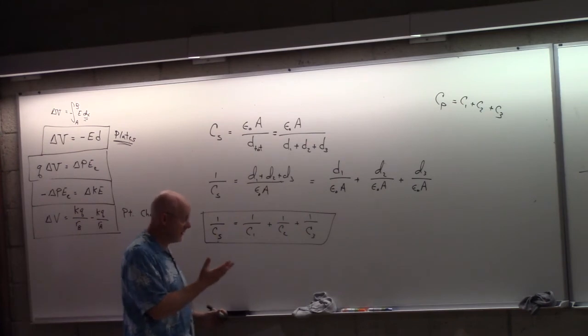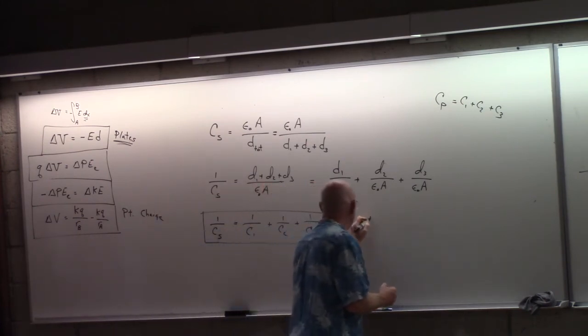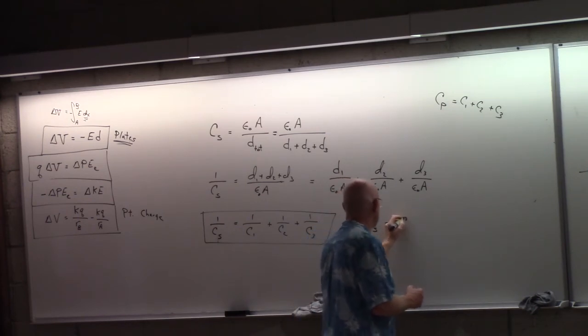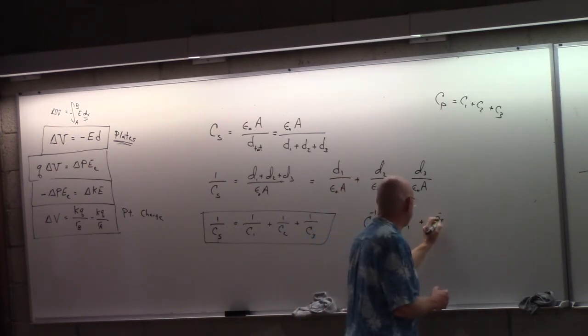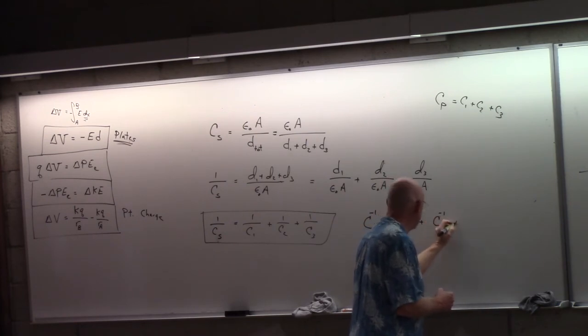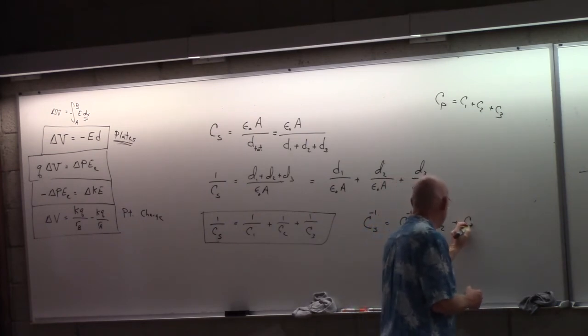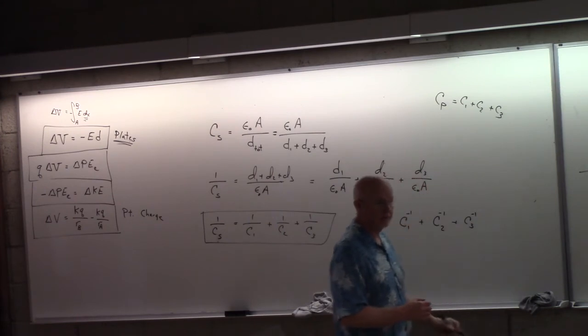I like to write it this way, that the reciprocal of the series is the reciprocal of number 1 plus the reciprocal of number 2 plus the reciprocal of number 3.